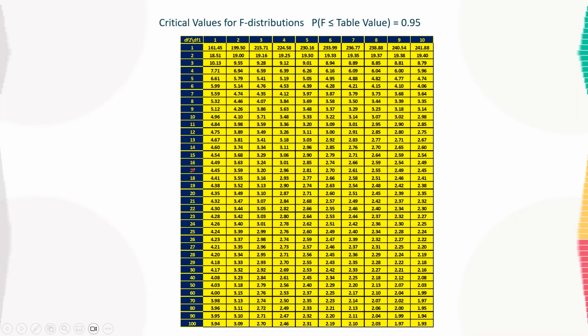For example, if df2 is 14 and df1 is 5, then 2.96 is your critical value. If df2 is 30 and df1 is 10, then 2.16 is your critical value. This is how you calculate the critical value from the F distribution table using df2, df1 and the 0.95 value.